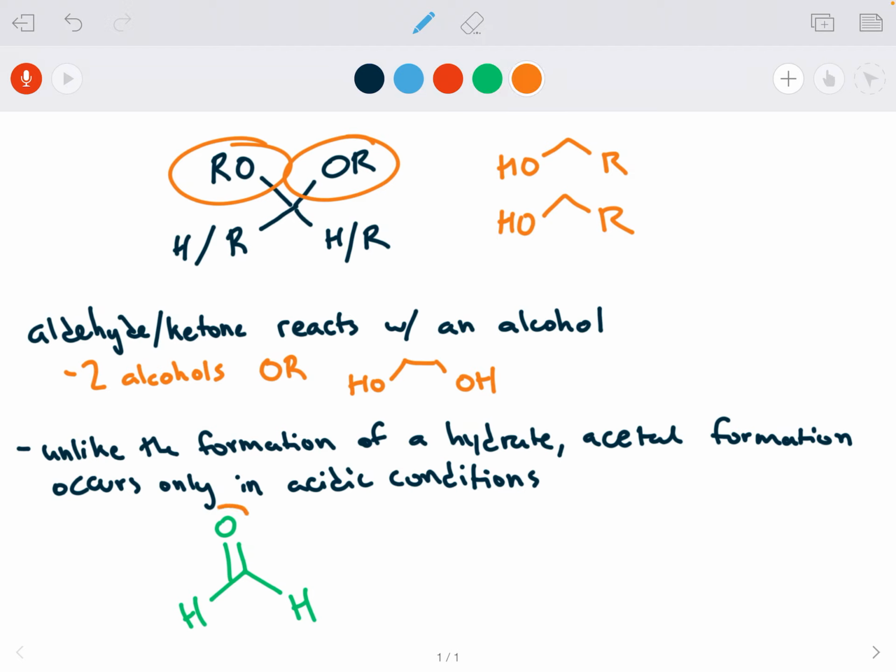Installing an R group onto that oxygen is going to be difficult. You think you could protonate it, and then it acts as a leaving group, but the problem is it's not going to be a very good leaving group, given it would be leaving as hydroxide, which isn't a good leaving group. So that's the reason when we go through the mechanism, it's going to be through an acidic condition.